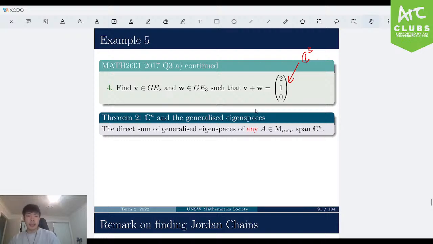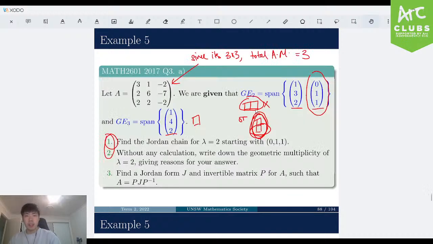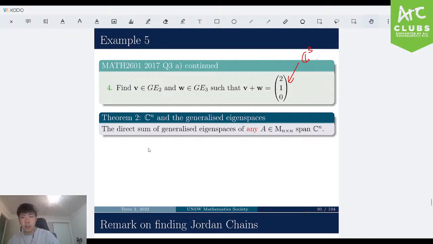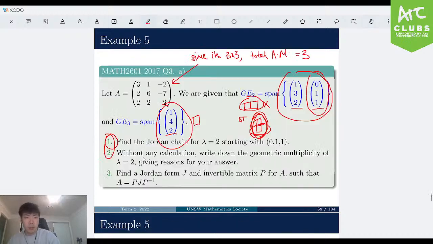Which essentially means that since we already know what these spans are, we know that eigenspace of 2 is spanned by these 2 vectors, and eigenspace of 3 is spanned by this vector. Let me see what the values are again: 1, 3, 2, 0, 1, 1 and 1, 4, 2.